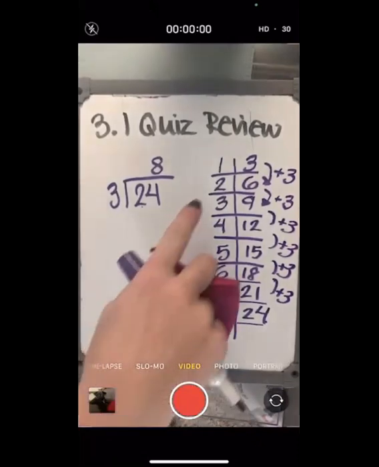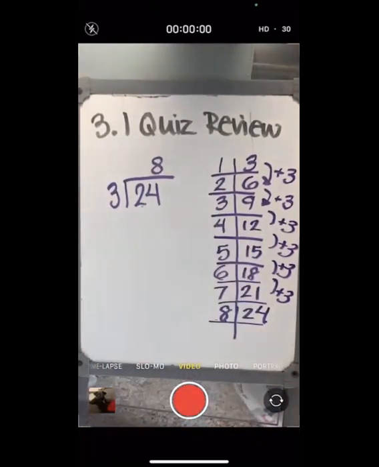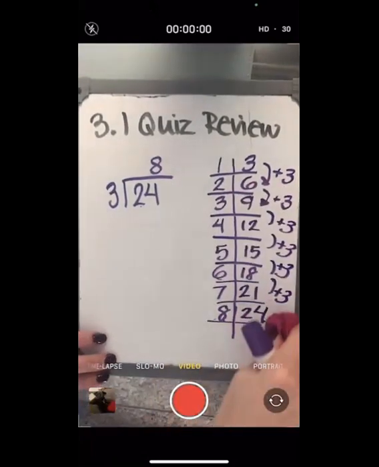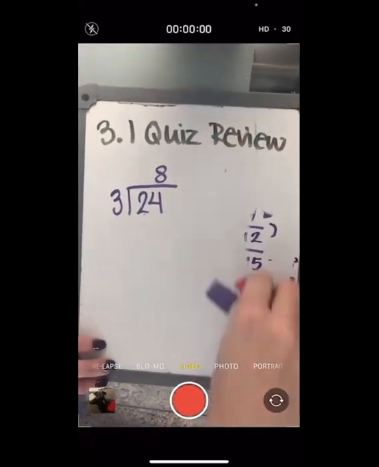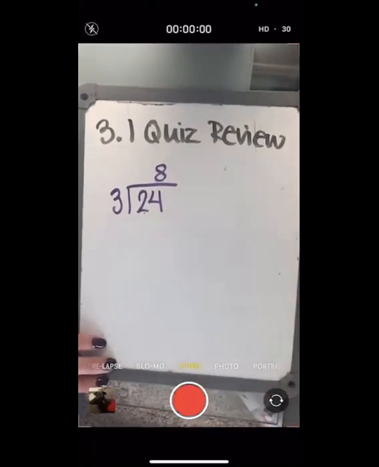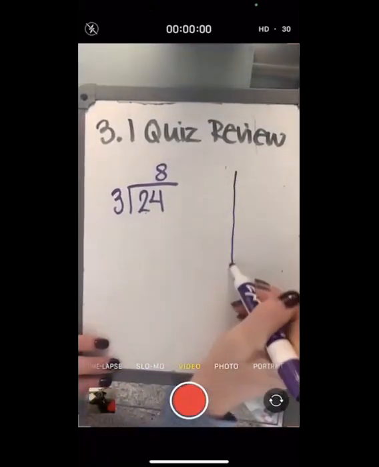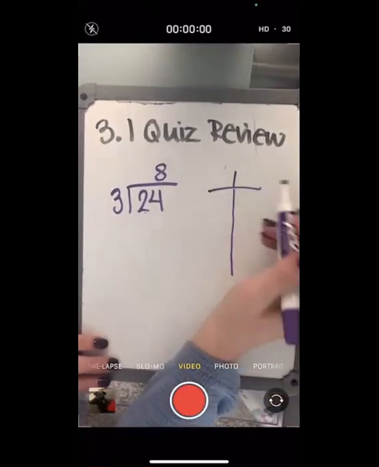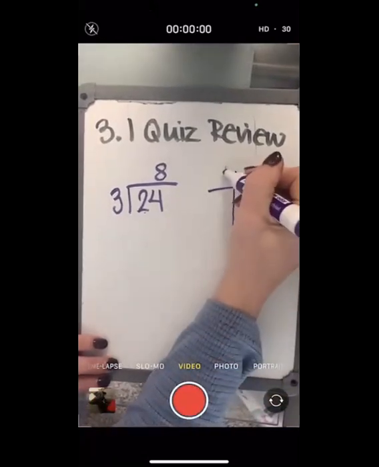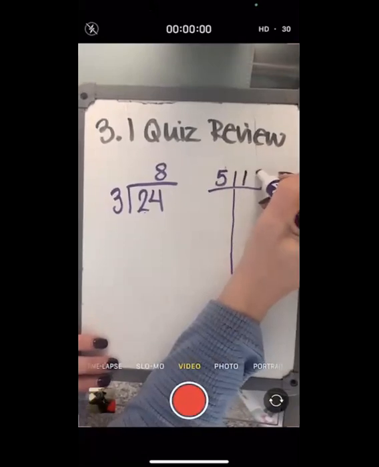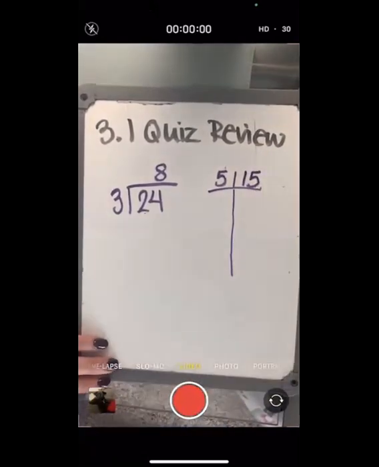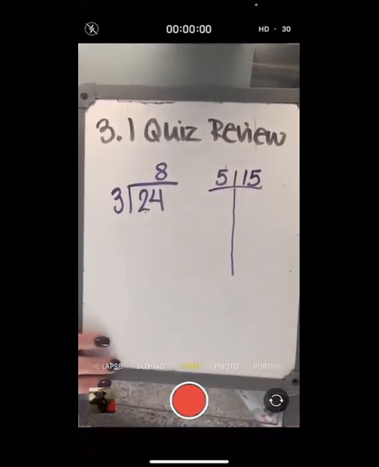You don't always have to start at 1. So what if Faith was like, I'm going to erase this really quick, hoping you guys have this. So maybe Faith is like, okay, so how many times does 3 go into 24? Well, I know for sure that 3 times 5 is 15. So I'm going to shortcut and just count from there instead of counting from 1.